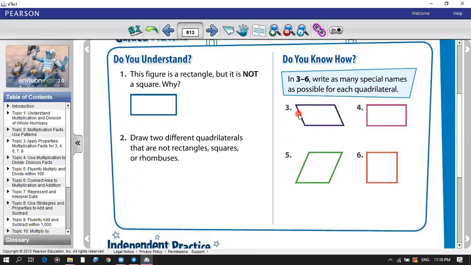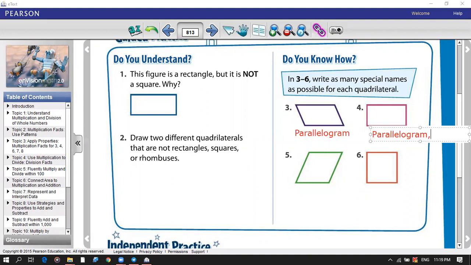So I have two pairs of parallel sides. So it will be a parallelogram. Question 4. This shape has two pairs of parallel sides. So it's also a parallelogram.